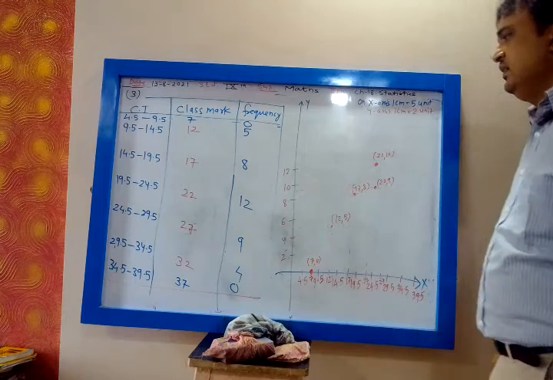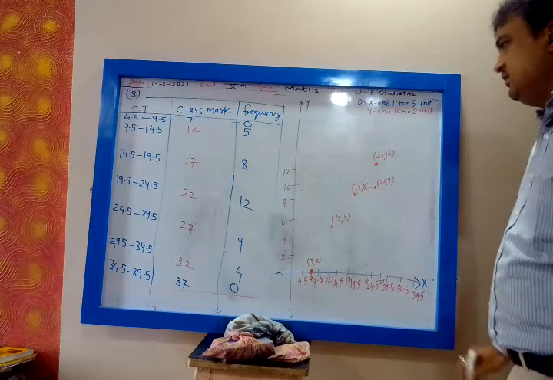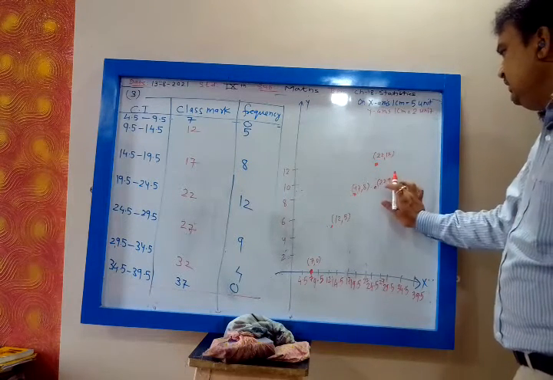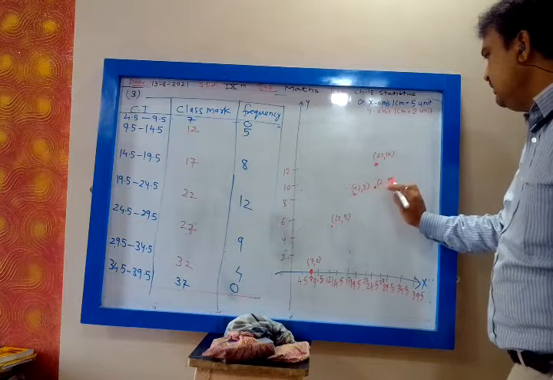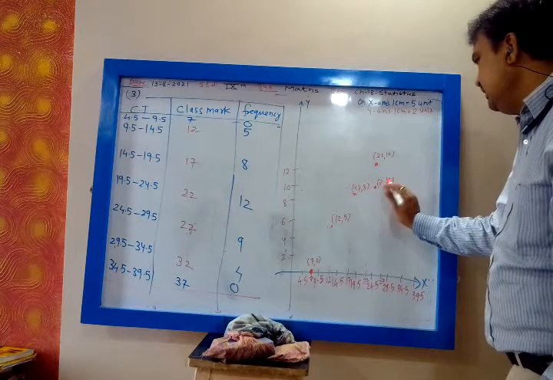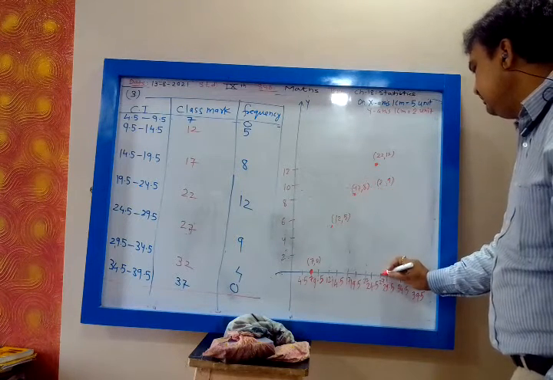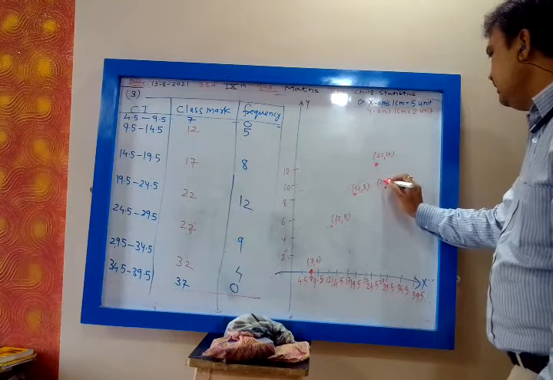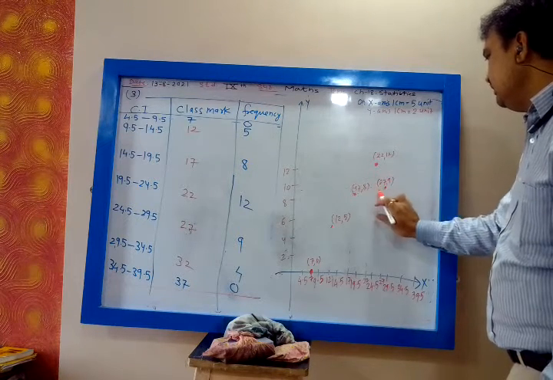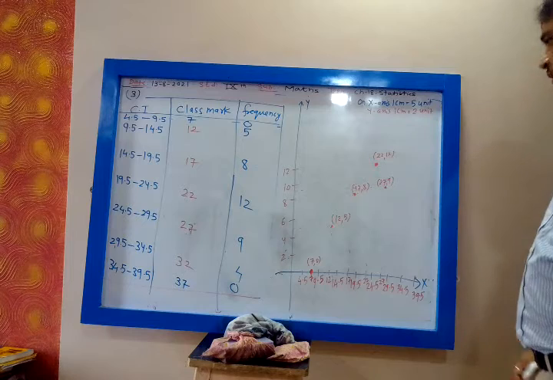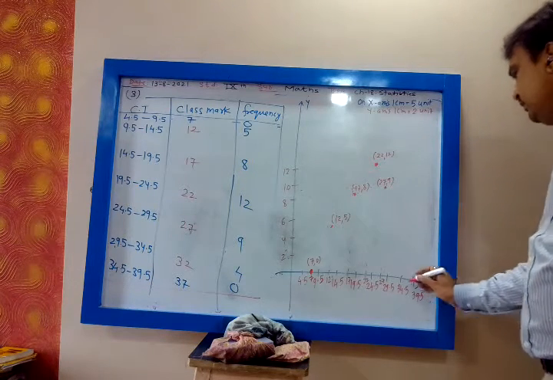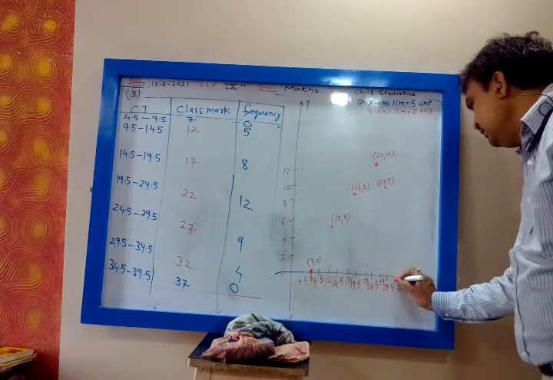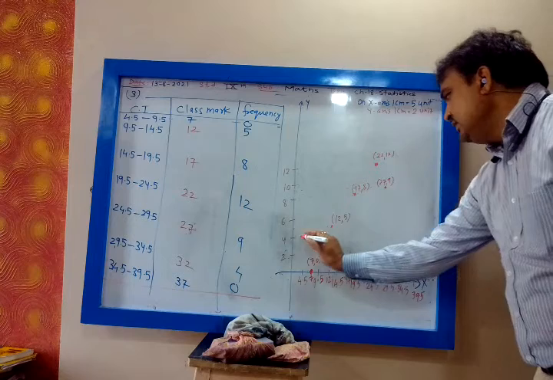The next, 27 comma 9. Okay. Then 32 comma 4. 4 is this way.